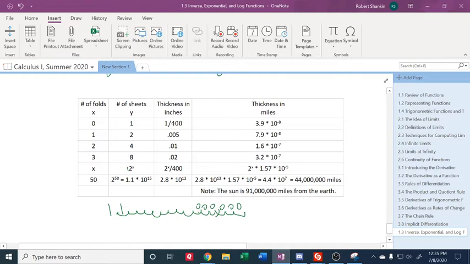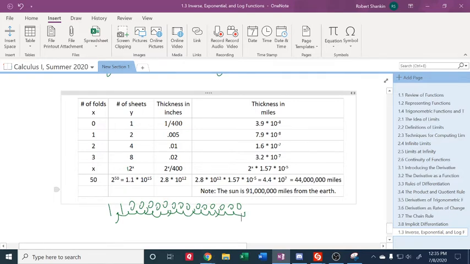So there you'd have a million, there you'd have a billion, a trillion, quadrillion, quintillion, sextillion, or something. These are just such huge, gigantic numbers. That's why.